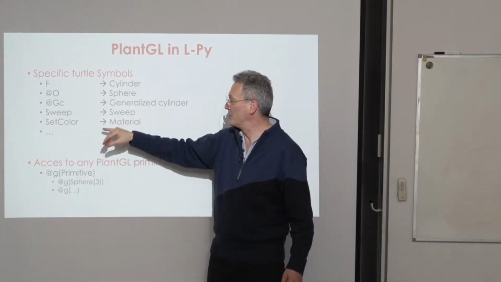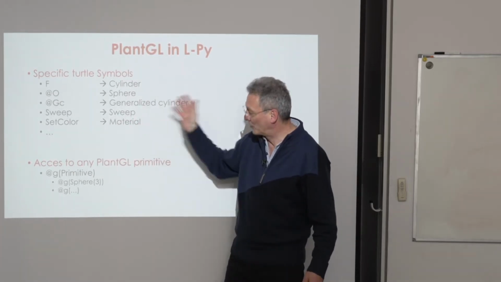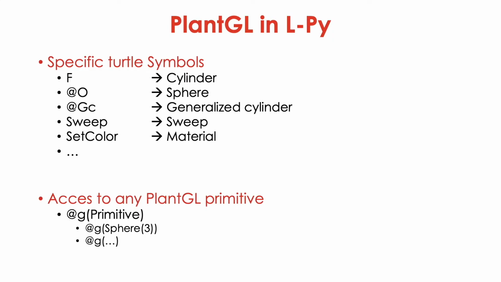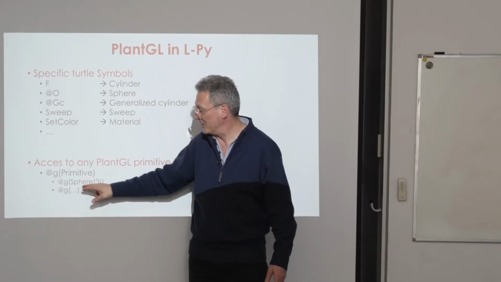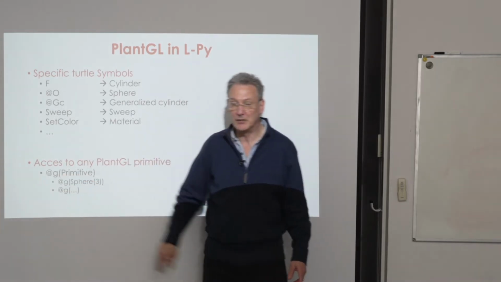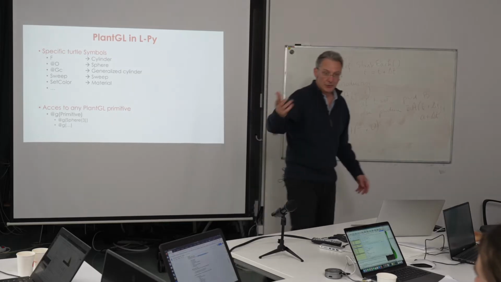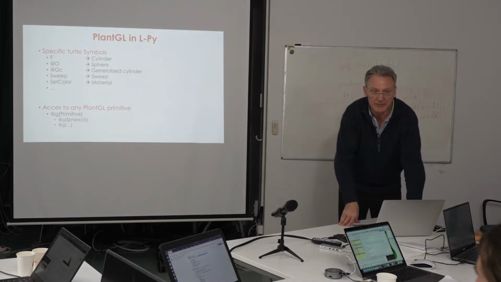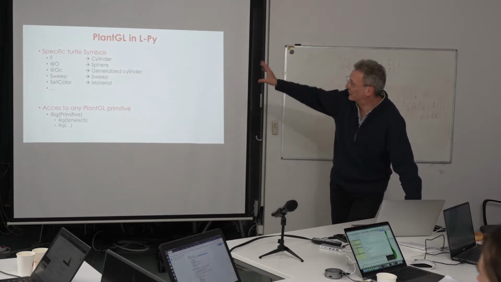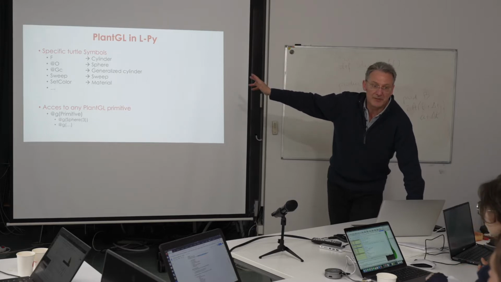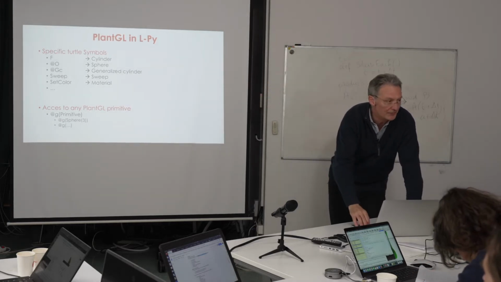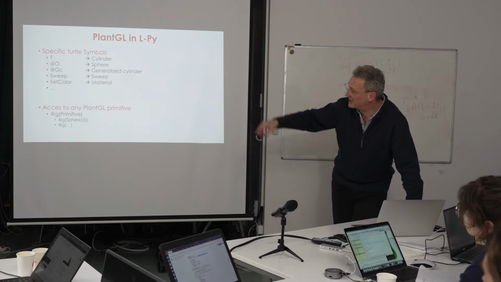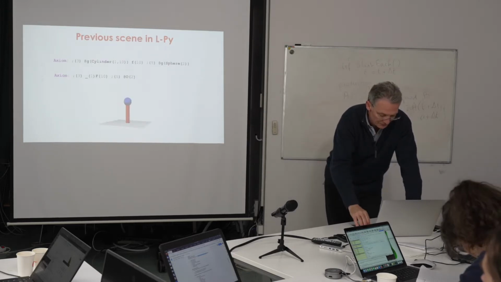You can have a sweep. You can set the color. You can have swungs. I didn't mention this here. And if you want to call any type of PlantGL primitive with its name, you just use the primitive @g, small g, and you can create any type of primitive that is in the library. For some of them, there are reserved names, but for every one of them, you have the generic @g primitive.